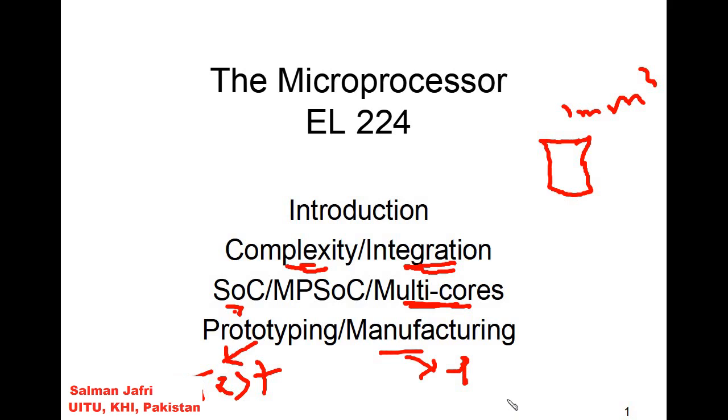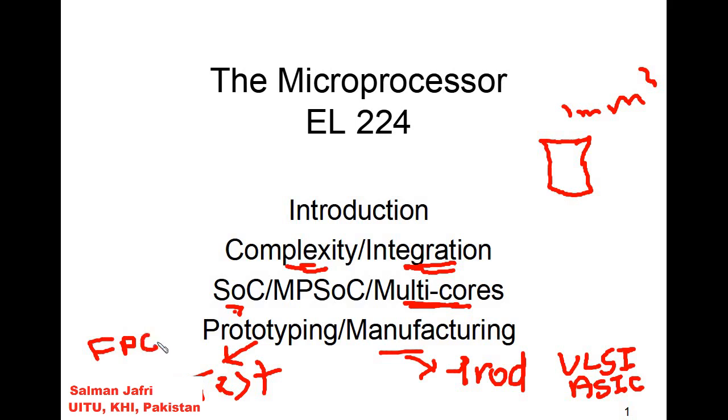Manufacturing technologies are very expensive, so we cannot use them for prototyping. Examples include VLSI, and ASIC is another example of manufacturing technology. These are used for the production of high volume applications. For prototyping we use inexpensive technologies like FPGAs, which allow us to prototype really fast.